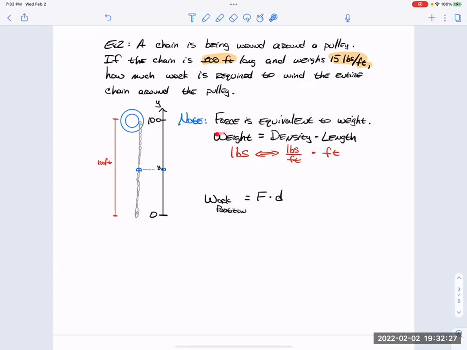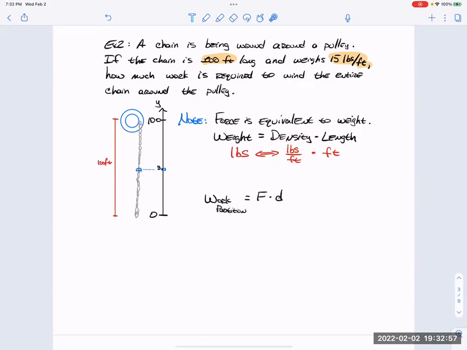Now, what is the weight of this chain? The weight of the chain would be the density of the chain times its length. If this chain weighs, say, 1,000 pounds, then the chain would have a certain density, and the density would be pounds per foot.